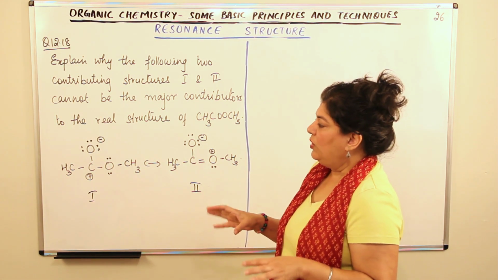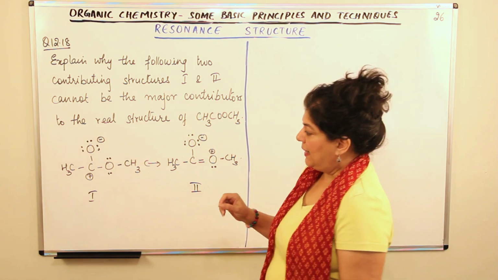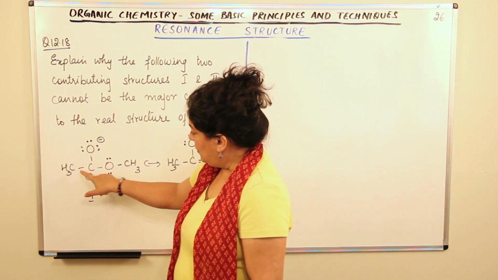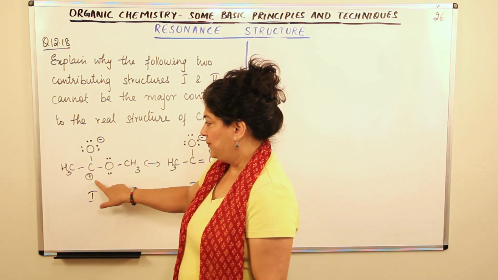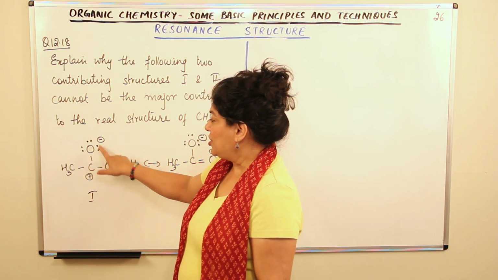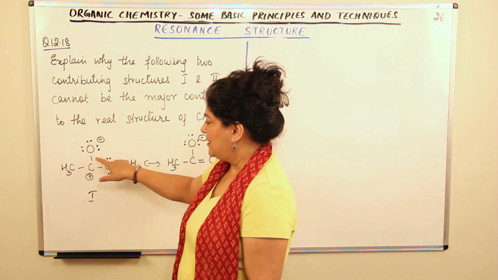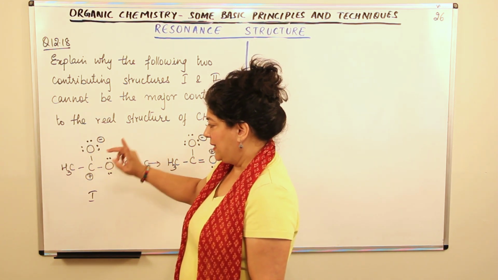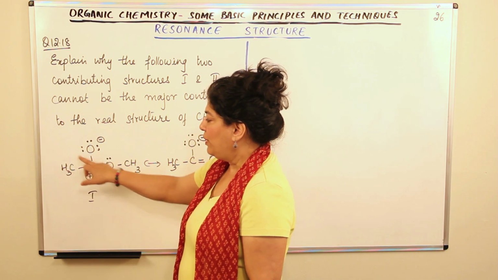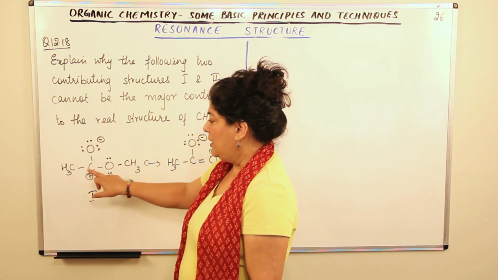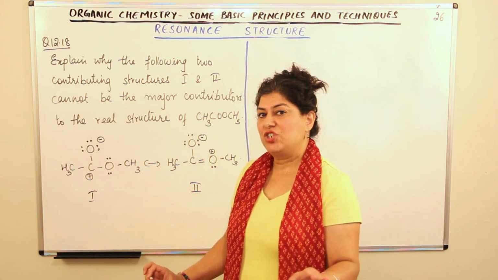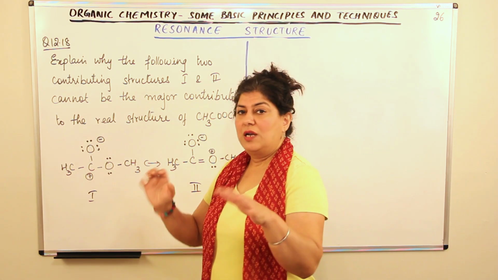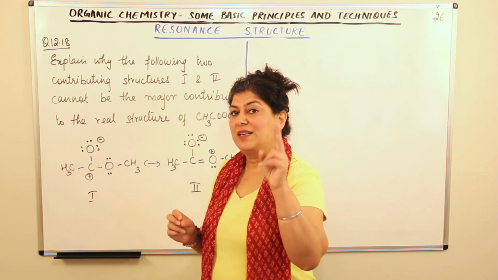Second point is that all of them should have their octet complete. And take a look here. Here you have carbon forming 3 bonds and bearing a positive charge, right? So oxygen here has 8 electrons, 6 plus 2 is 8, although it has a negative charge. This carbon is forming 4 bonds, 3 plus 1, 4. This carbon is forming only 3 bonds, and it does not have a negative charge or 2 negative charges to compensate for the 2 electrons that it does not have.